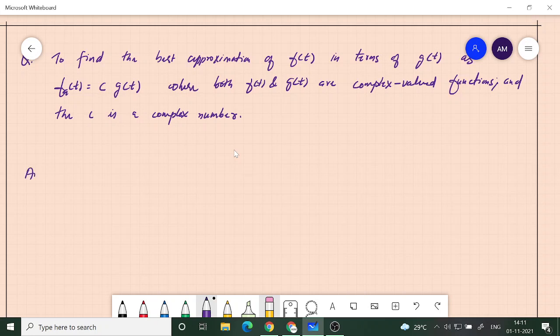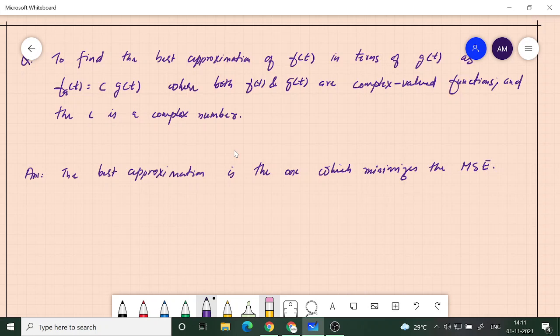So the answer is, the best approximation is the one which minimizes the mean square error. Okay, MSE stands for mean square error.